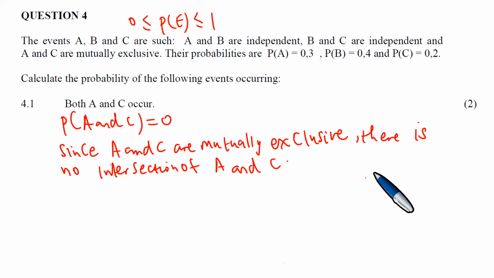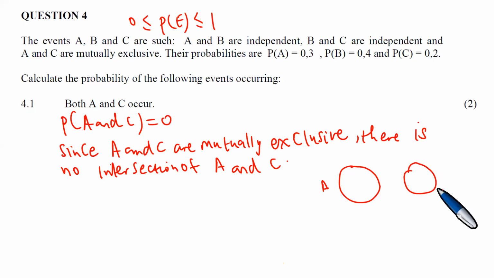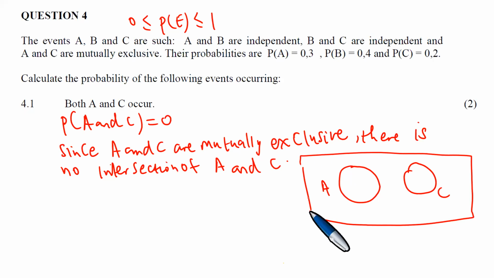So if you look at event A and event C in a Venn diagram situation like this, they don't meet at all. They're separate.